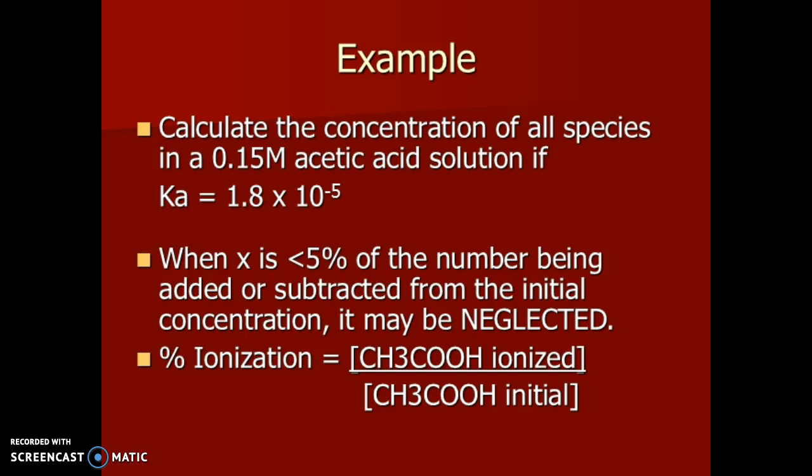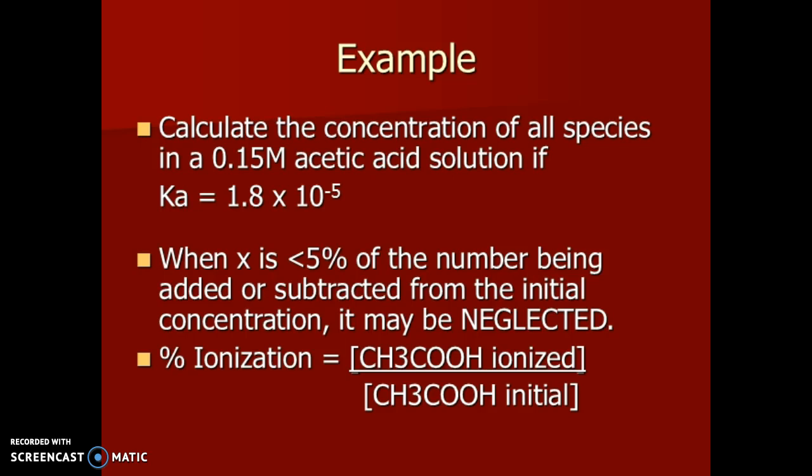Scientists have found that as a rule of thumb, when your exponent is 5 or greater on your K value, in other words, to the negative fifth, negative sixth, negative seventh, that your percent ionization, in other words, how much of your product is actually going to be made with respect to your initial concentrations, is going to be so low that according to significant figures, you do not need to subtract away anything from your initial concentration. You can just negate it.